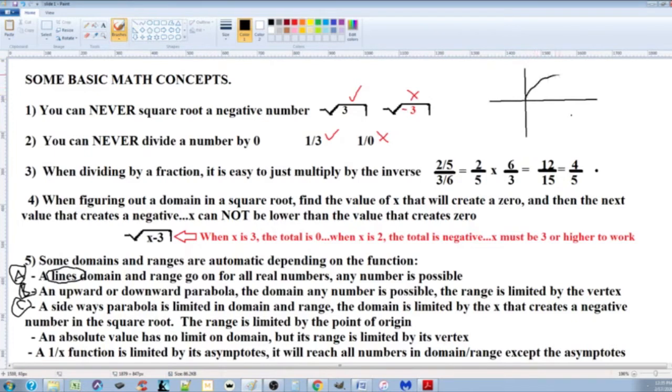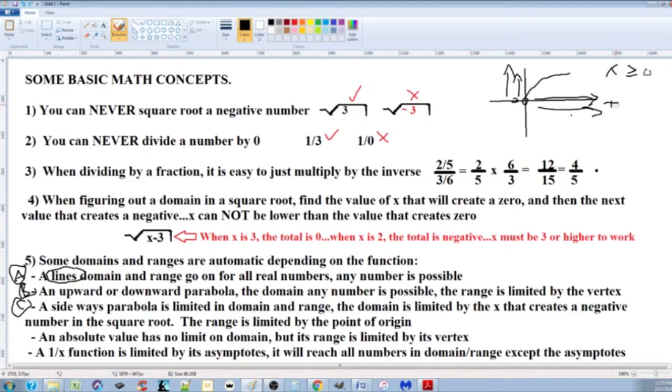Okay, boom. So y goes on forever this way, but it does not exist down here. And x goes on forever this way, but it does not exist down here. So we can see that x goes from 0 to positive numbers forever, and y goes from 0 to positive numbers forever. So therefore, x is bigger or equal to 0, and y is bigger or equal to 0.